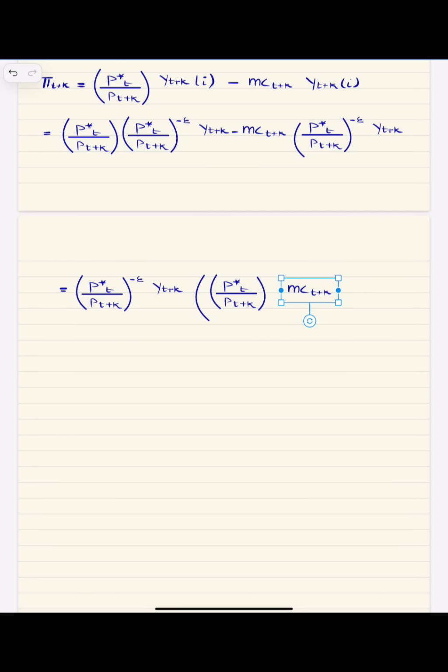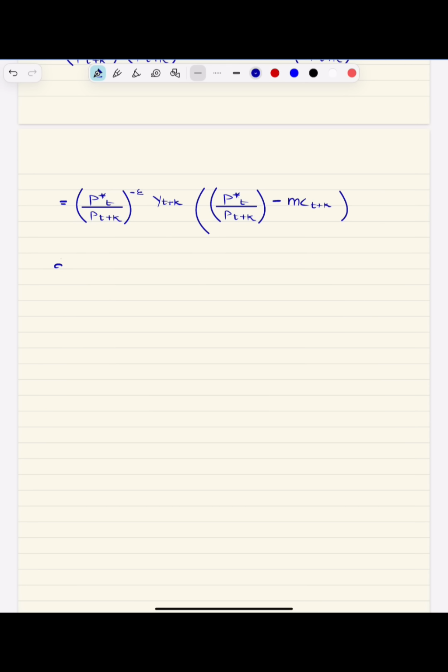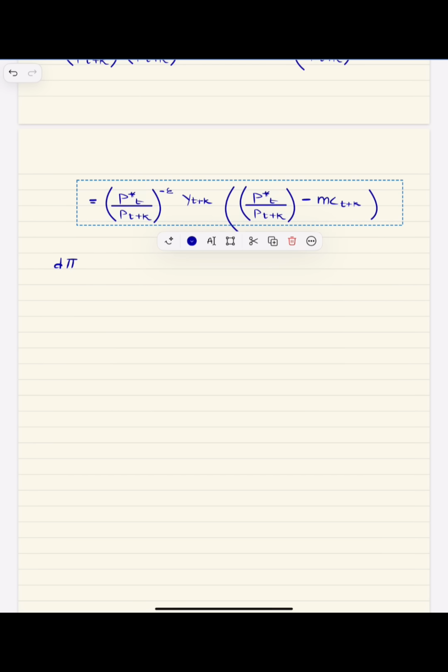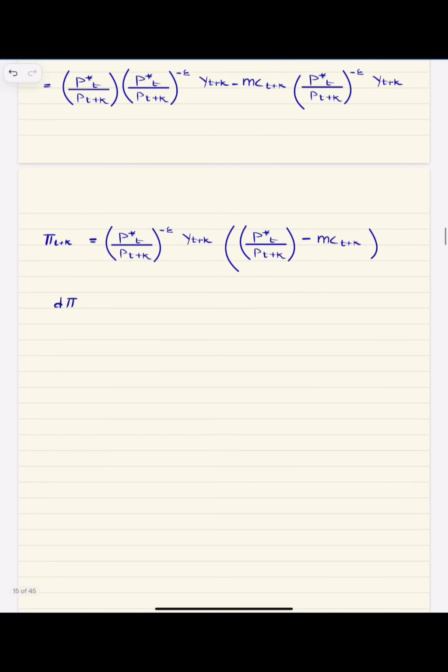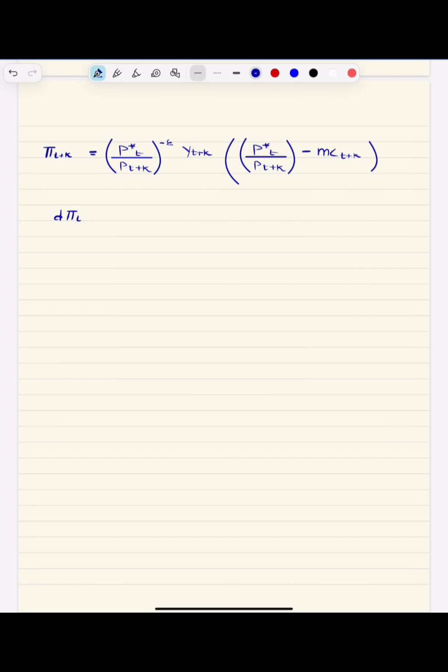Okay, so we want to find the optimal price, right? Therefore we want to take the derivative and put it equal to 0, and we'll be able to find the optimal price. So we want to find p star. Okay, so let's take the derivative with respect to p star t and then put it equal to 0.